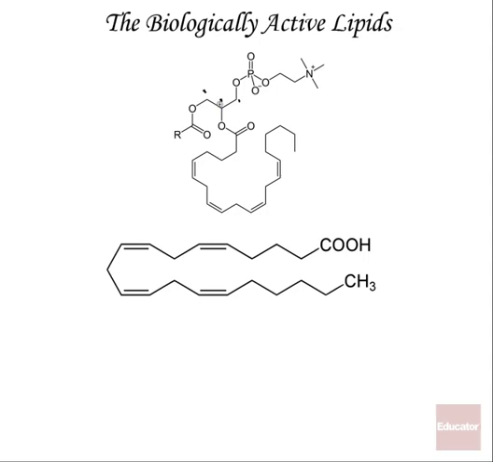So what it does, it actually hydrolyzes that. It breaks this, and it ends up creating our arachidonic acid. So this right here is a membrane lipid containing the arachidonic acid.